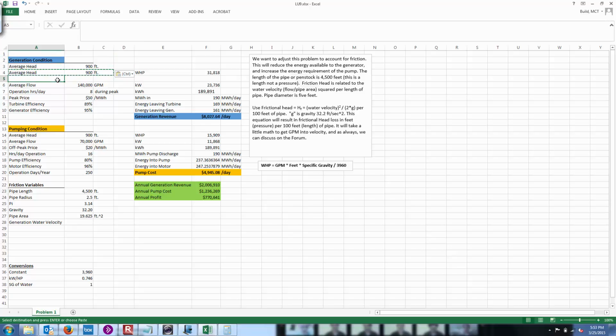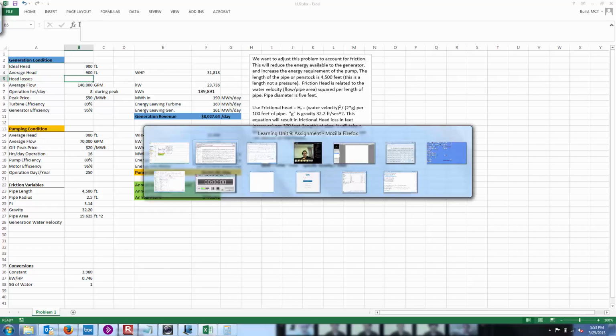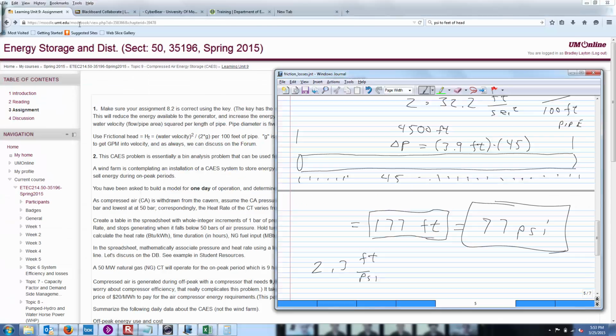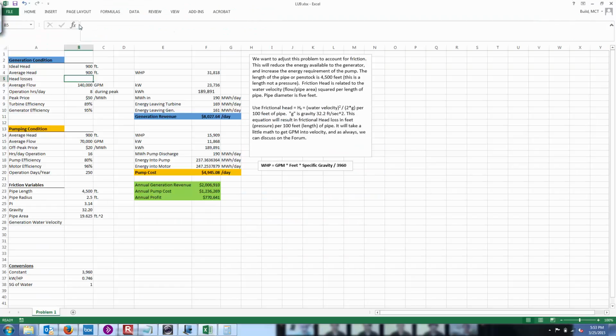It's a little bit sloppy. I'm just going to say head losses. So I'm going to call this ideal head losses. We're going to look at what we come up with. 177 feet.